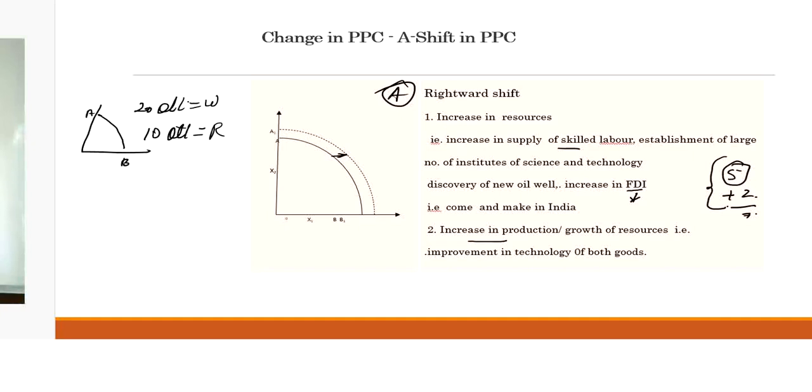What will happen? You may produce more in the same resources, like 30 quintals of wheat and 20 quintals of rice. Now this increase in production will be indicated by a rightward shift, because we are getting more production which we could otherwise produce only with more resources, but we are producing in the same resources by improving technology. So increase in production is also indicated by rightward shifting. So these were the factors responsible for the rightward shift in PPC.